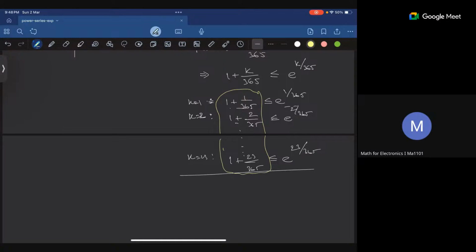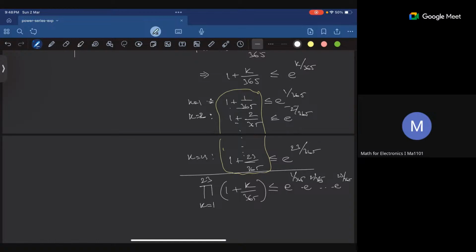So we take the product of all these 23 terms and keep it on the left hand side, which will be pi k equals 1 to 23, 1 plus k by 365 is lesser than or equal to the product of the right hand sides. So this will be e power 1 by 365 into e power 2 by 365 into and so on e power 23 by 365.